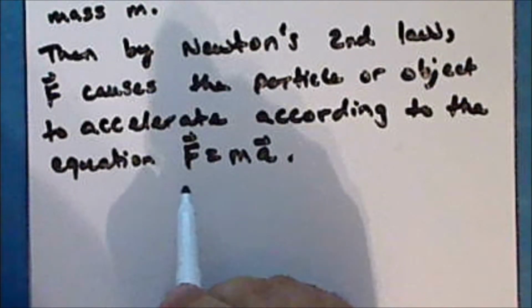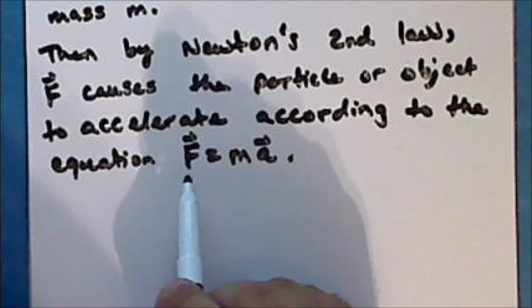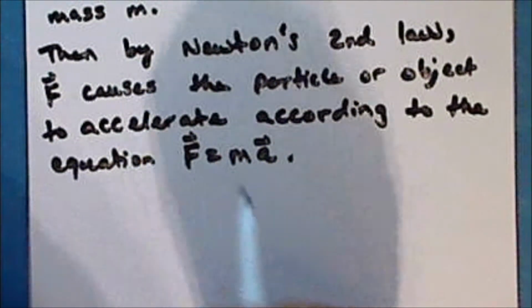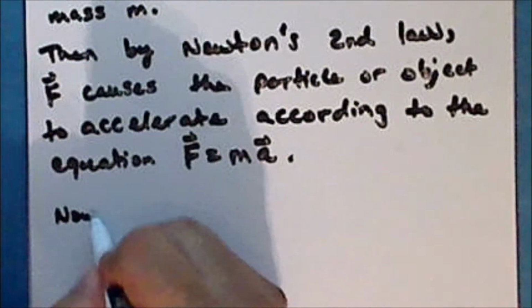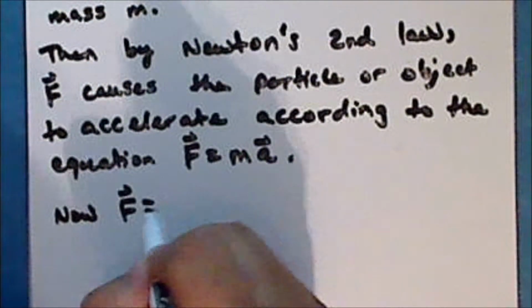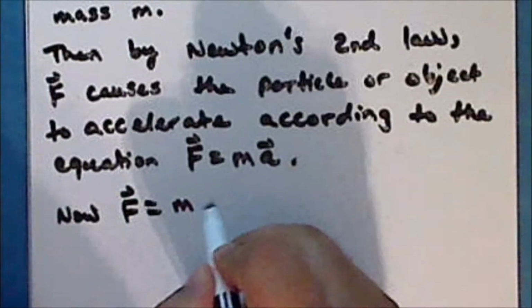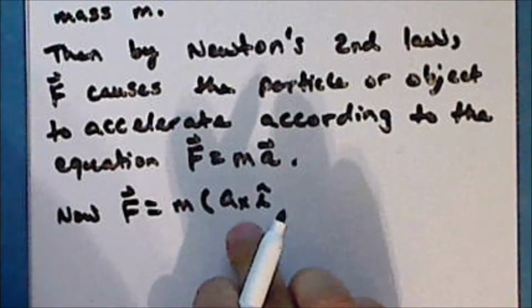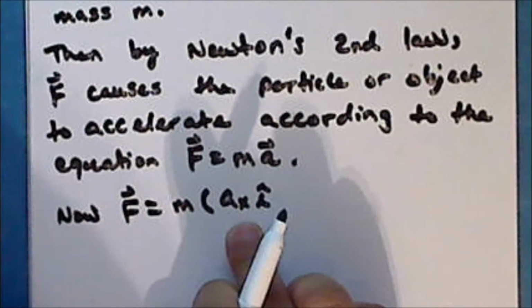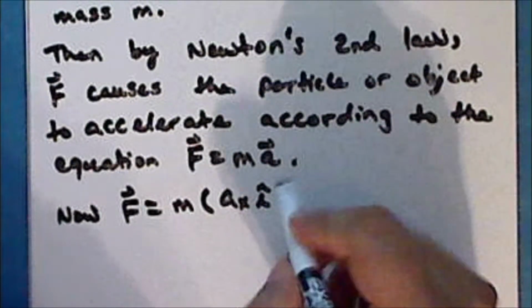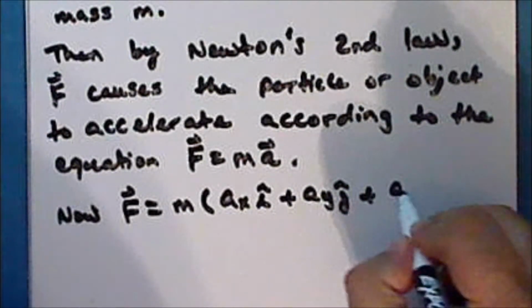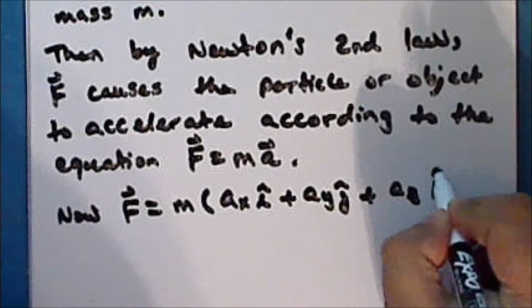Now, once we choose a reference frame that corresponds to three-dimensional space, we can decompose the force vector into its components. And so the force F is equal to the mass times the quantity, a sub x times i hat, where a sub x is the component of the acceleration that is parallel to the x-axis, plus a sub y times j hat, plus a sub z times k hat.